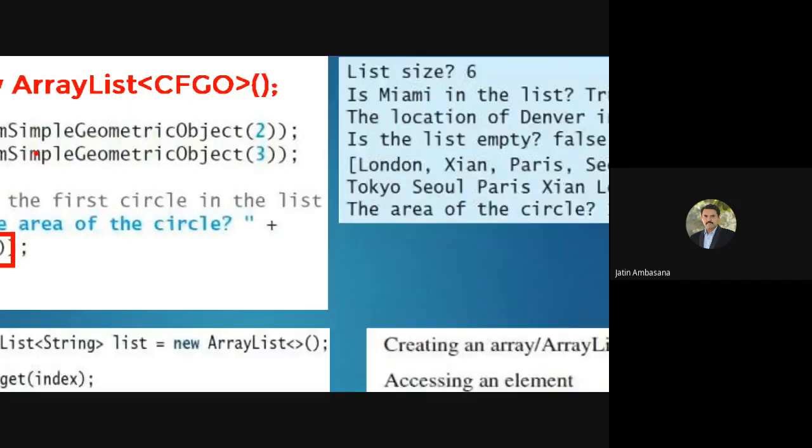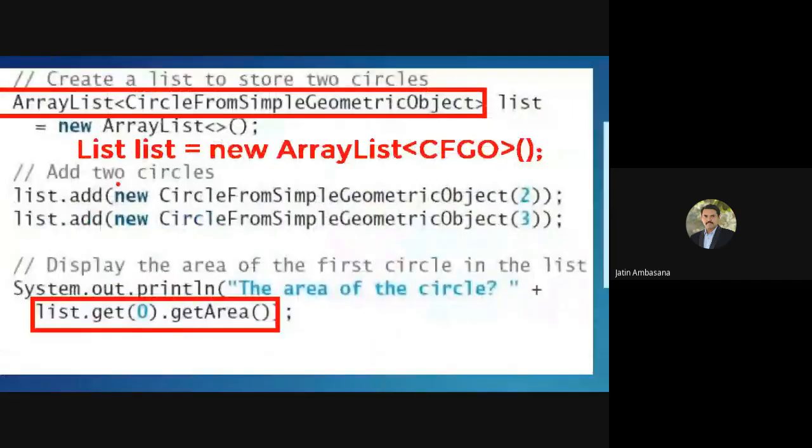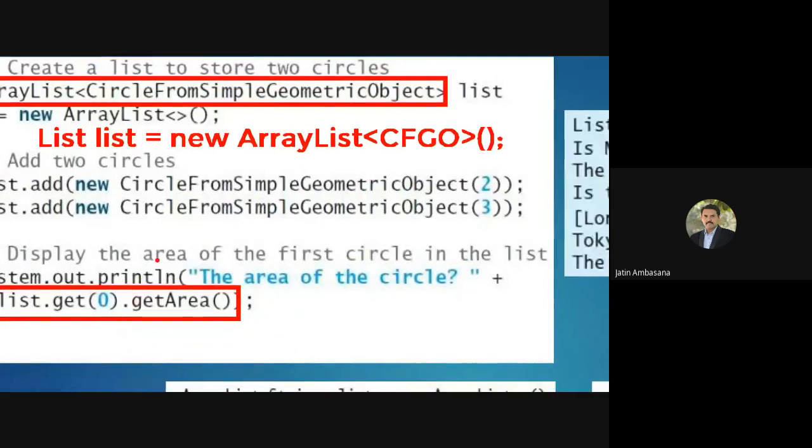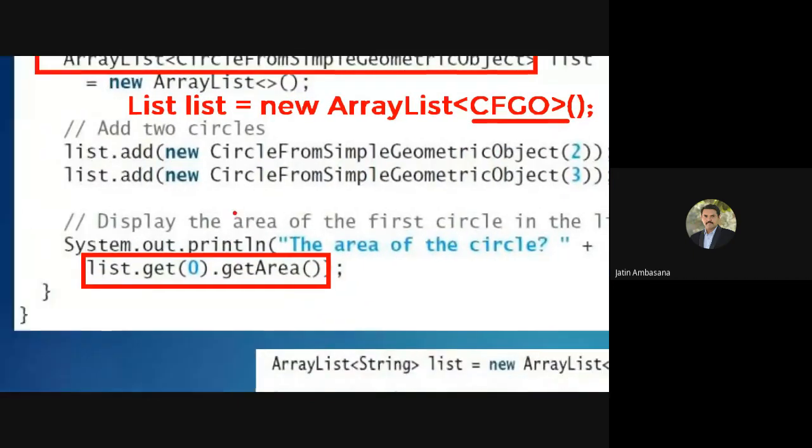In this case, it would not have been possible directly. You could not say list dot get zero and then call get area directly on that. First, you will have to cast it into circle from simple geometric object. The item had to be cast into this class, and then on that you would have called this. Okay.